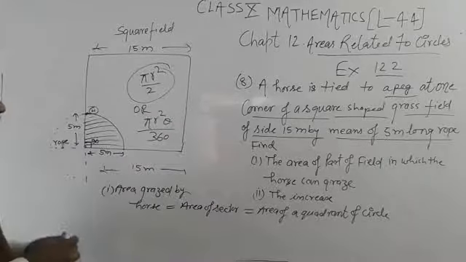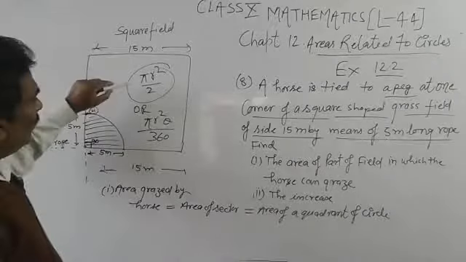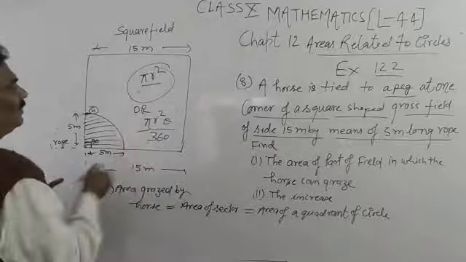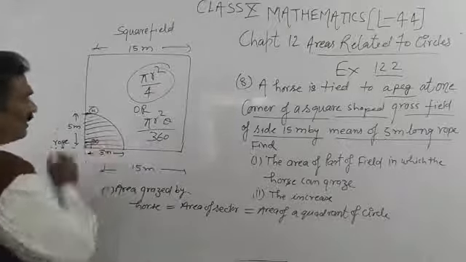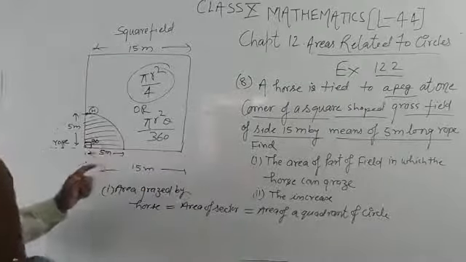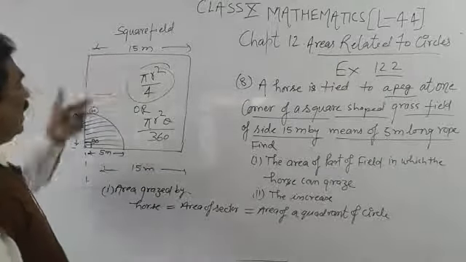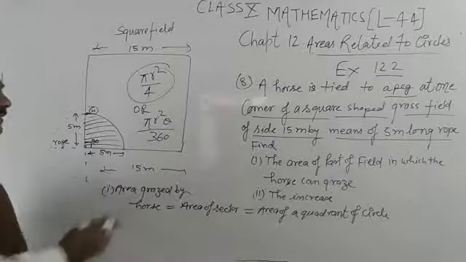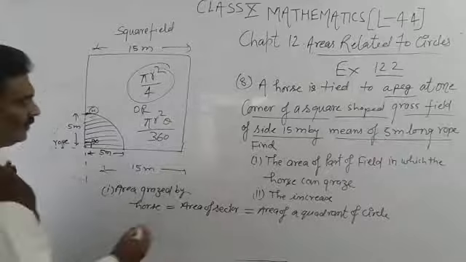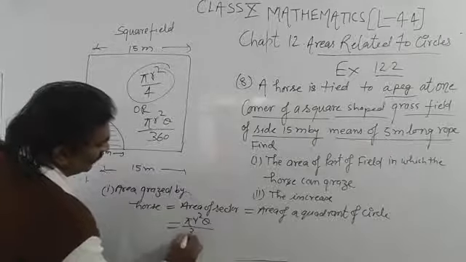Quadrant is a fourth part of a circle. Therefore, to find the area of this portion, we use the formula. In case of sector, we can use pi r square theta upon 360. So here we will use pi r square theta upon 360.